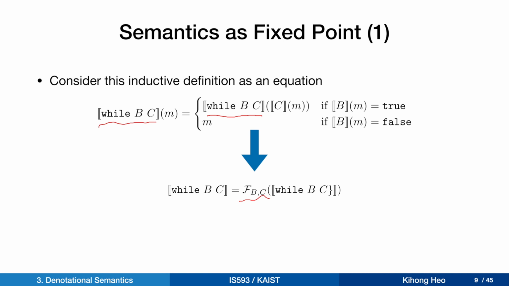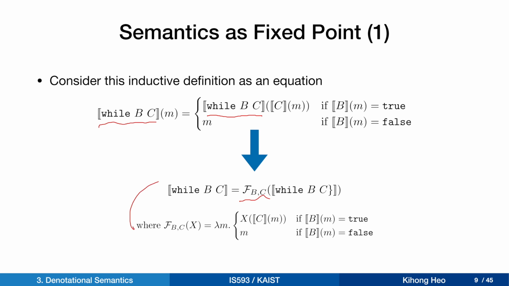And the definition of f is simply like this. As you can see, it is just a mathematical rewriting. Here I did not do anything special. So if you expand this equation with the definition of f, you will get the original formula here.